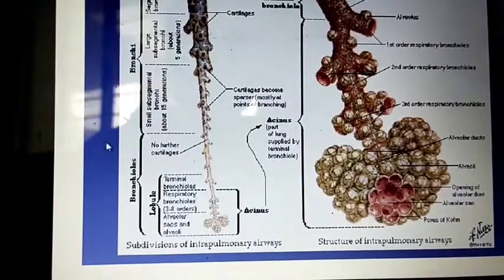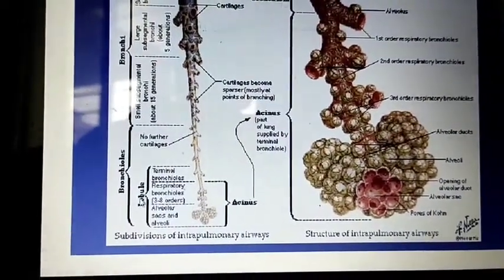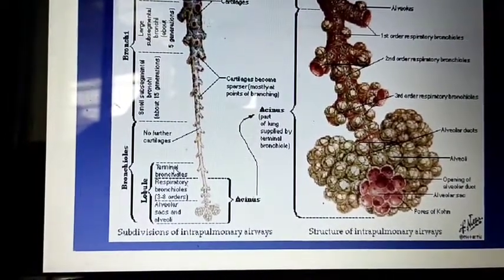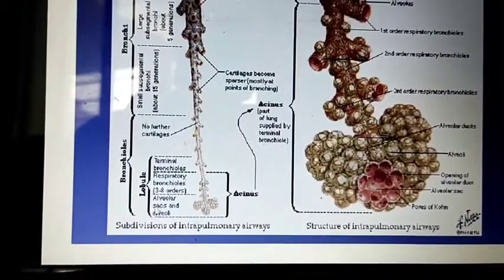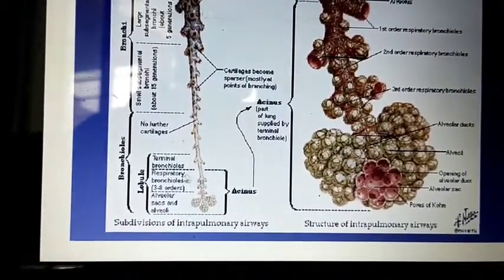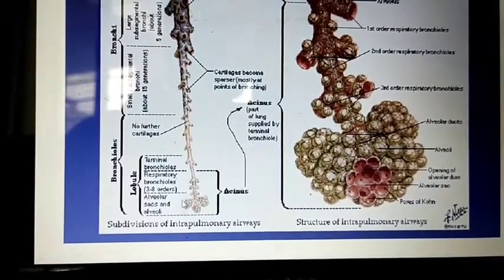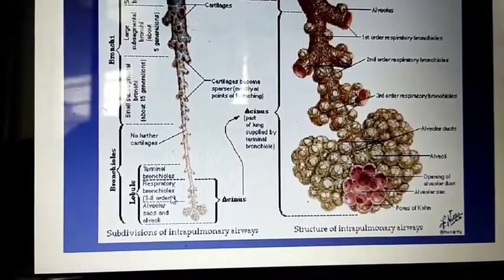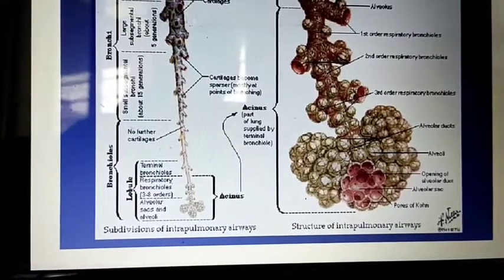The lobule contains not only terminal bronchioles, but mainly respiratory bronchioles, alveolar ducts, alveolar sacs and alveoli. In short, the acinus is not the lobule. The acinus is the part of the lung supplied by the terminal bronchiole.